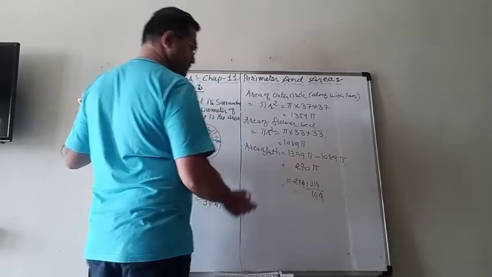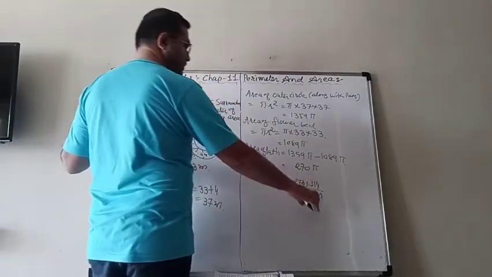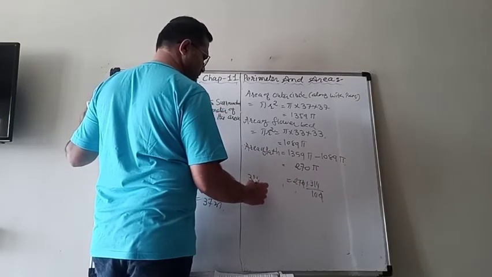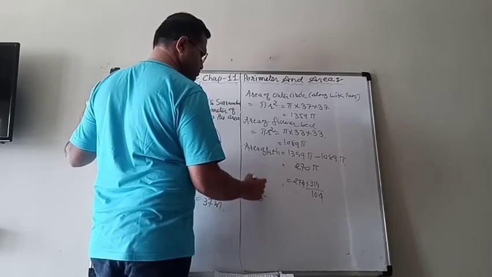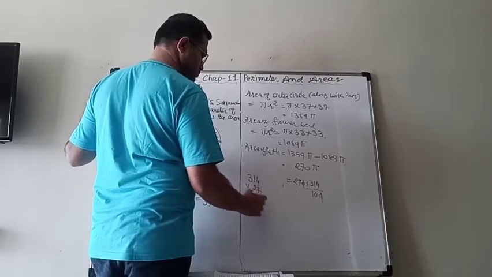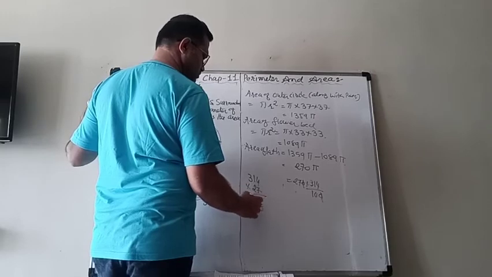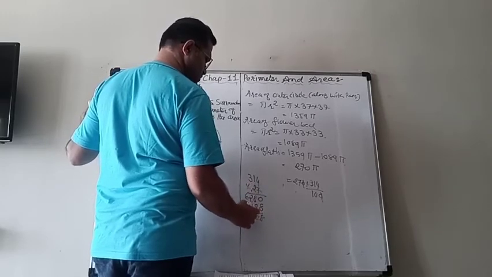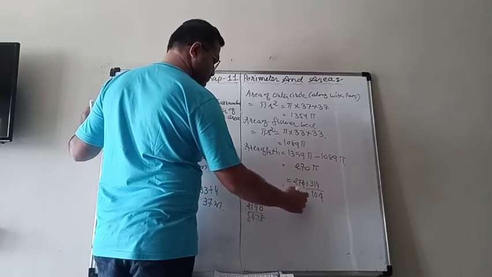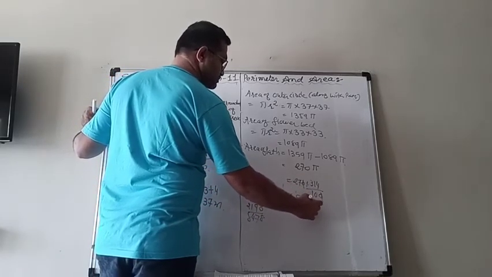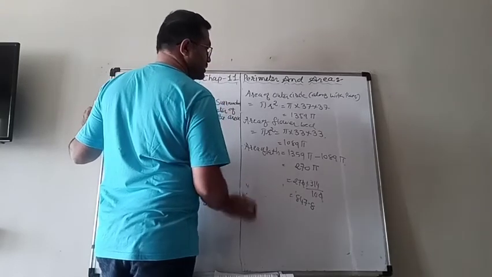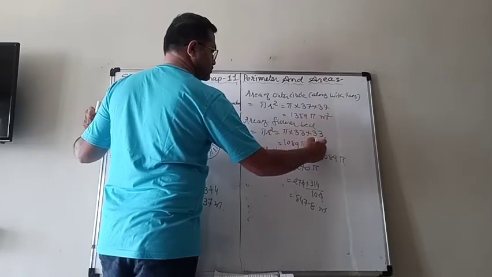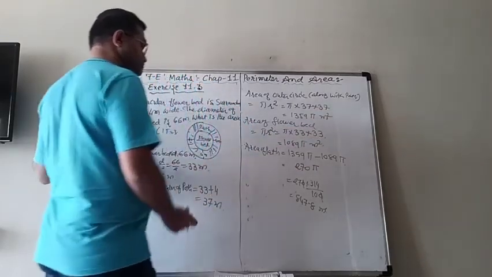We will multiply and then put one decimal again. So 314 multiplied by 28, which is equal to 879.2 meter square. Here also the answer must have meter square.